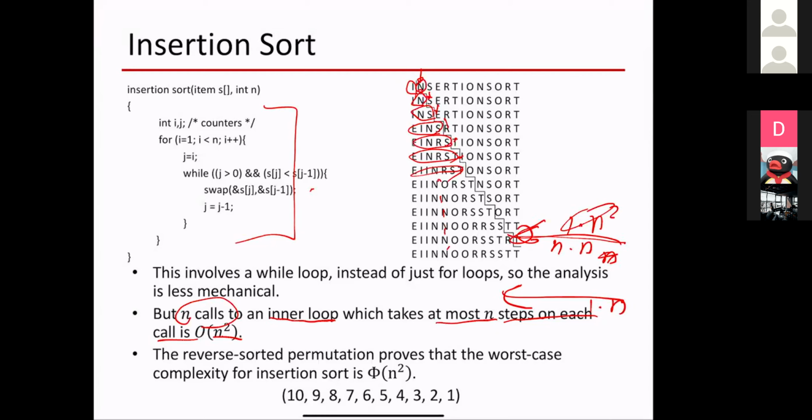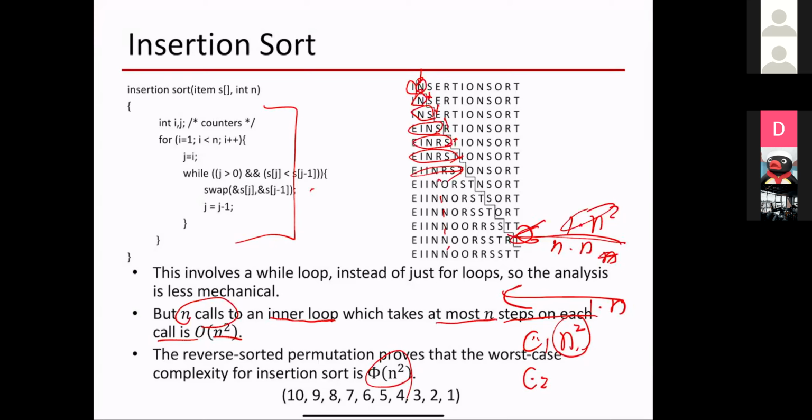So n is very small, but I can make n squared very small and big, so I can have C1 and C2, meaning that I can have Big Theta of n squared. Clear?